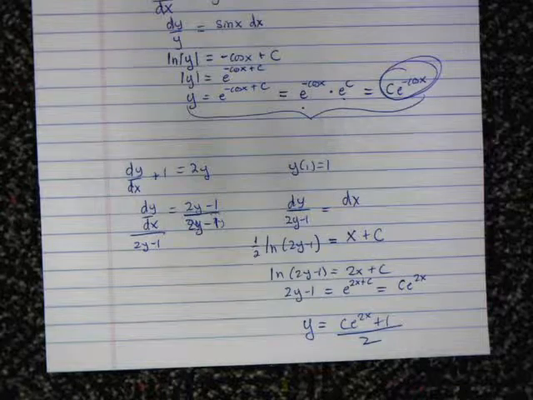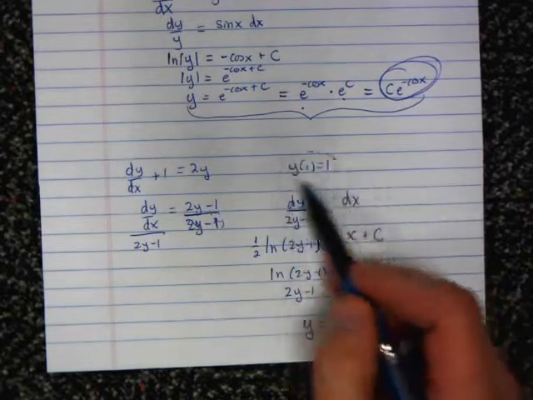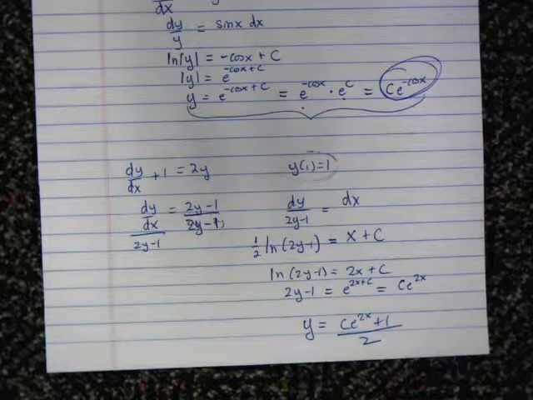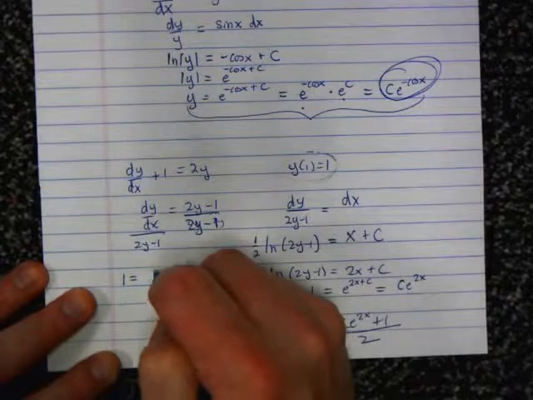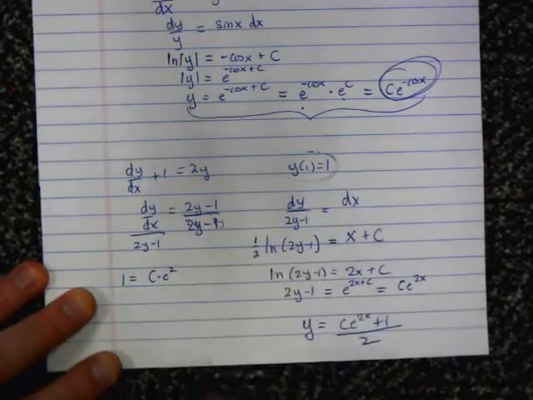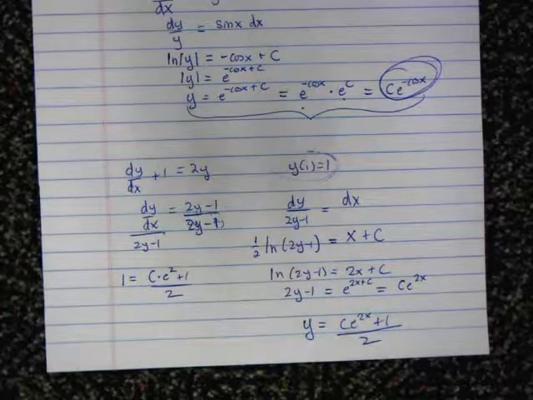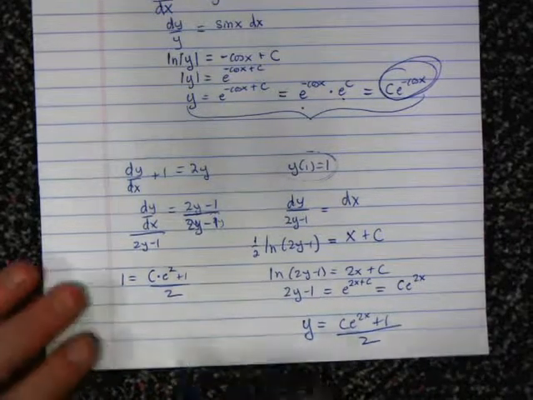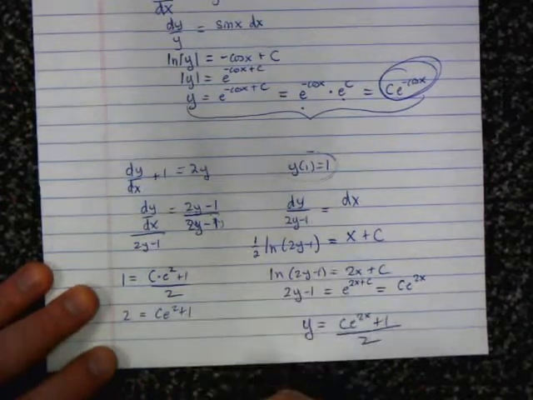That's the general solution. Now we need to find our particular solution. We need to plug in our initial condition. We're going to have 1 equals c times e squared plus 1 over 2. So 2 equals c e squared plus 1.